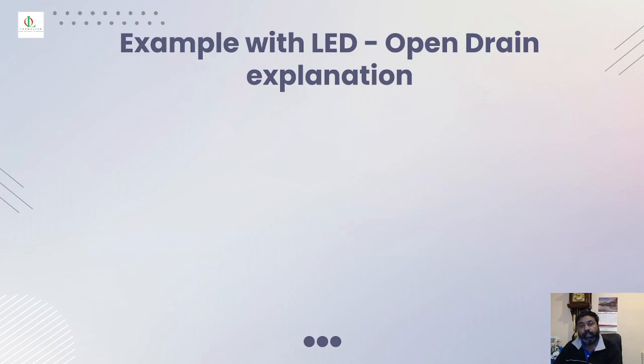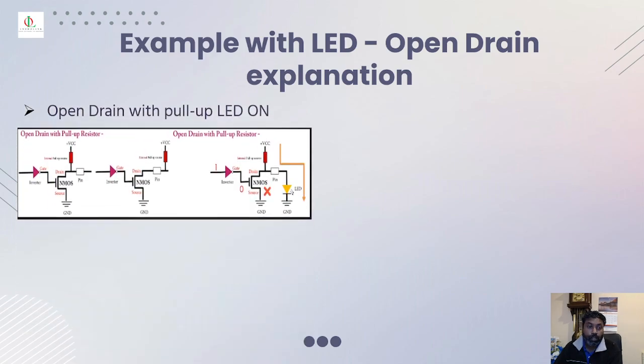Now how this looks with an LED, with an open drain explanation. If you want the LED to be well lit, use open drain with a pull-up resistor. With a pull-up resistor, even though there is no PMOS, the NMOS will try to pull up close to the VCC.